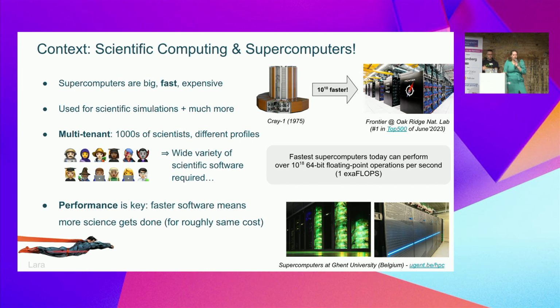What is also special about these systems is that you have thousands of scientists who work on the same system at the same time, and they also have a very wide background in all different fields, and they use a lot of different software. And for them, performance is key, because the better their calculations run, the more science that they can do.